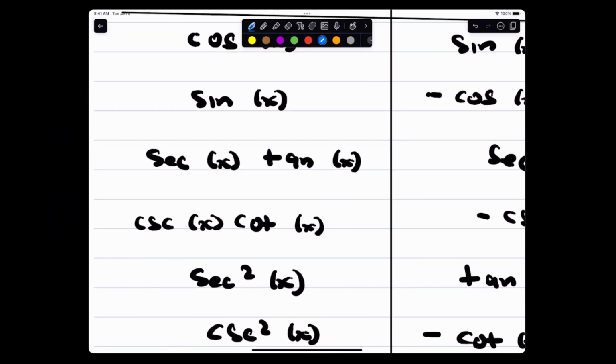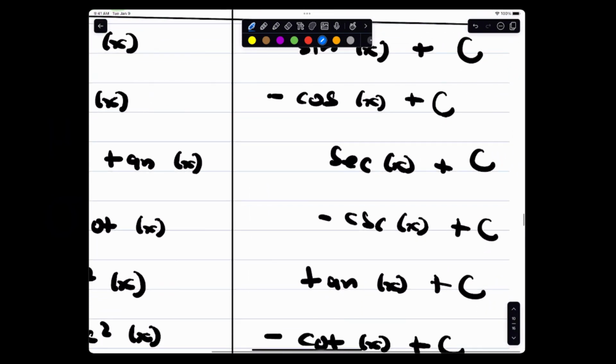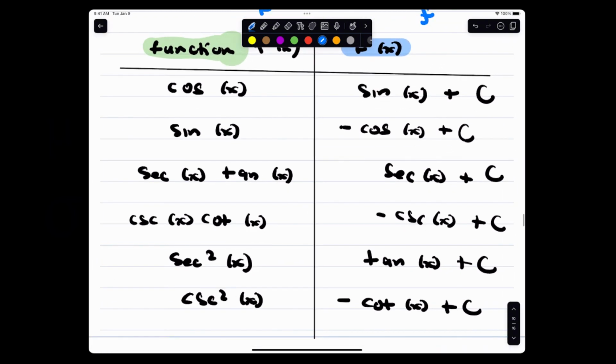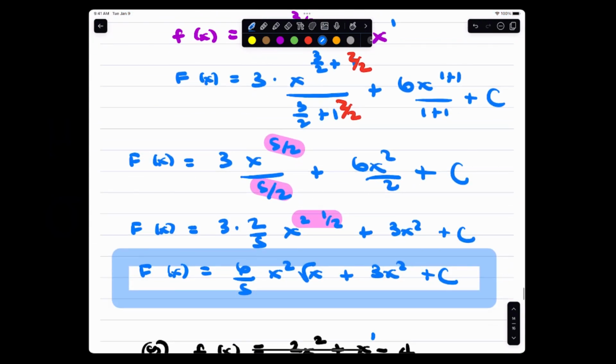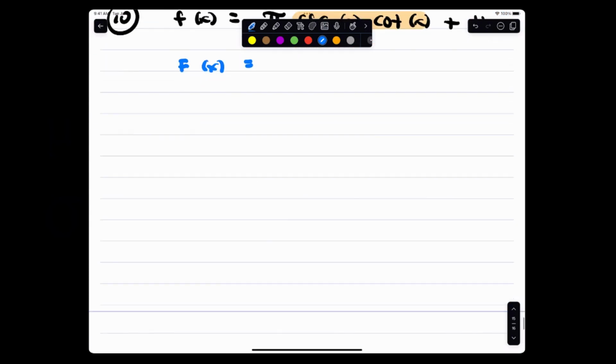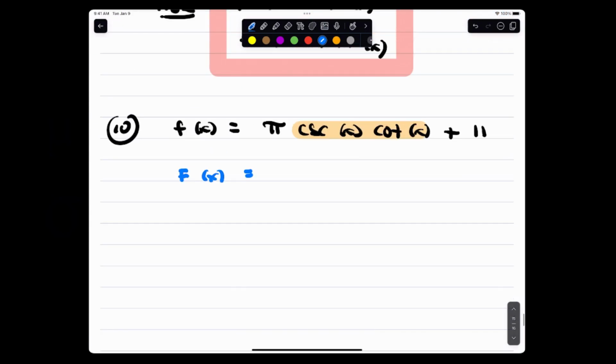If the function's cosecant cotangent, here's the antiderivative over here, minus cosecant. So you want to know that like you know your name. Time to change my name to this. And then you got a nice constant, so you put your x and then plus a c. Is that true?